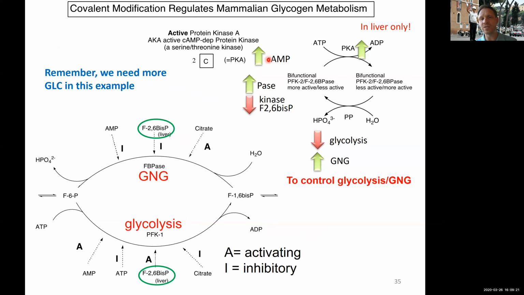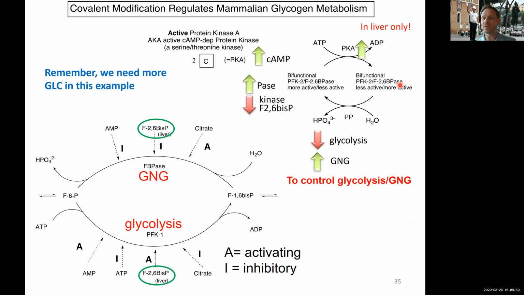And now we are using our other allosteric regulator here, this fructose 2,6-bisphosphate, and this bifunctional enzyme, this kinase and phosphatase enzyme. Okay. So what's happening now, again, we're activating PKA. It will phosphorylate this bifunctional enzyme. And what's happening is that the kinase activity is being reduced and the phosphatase domain activity is being increased.